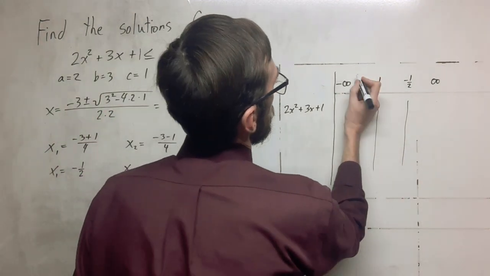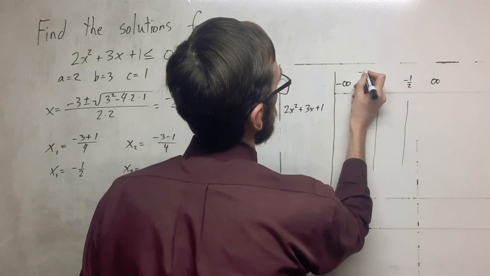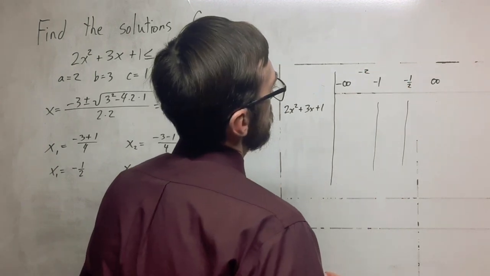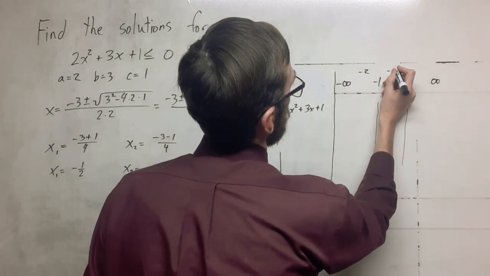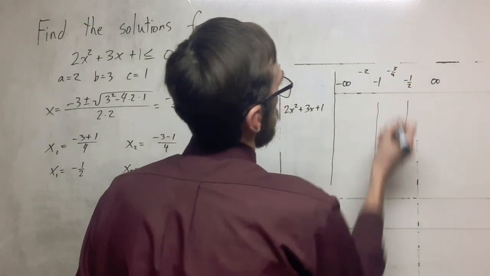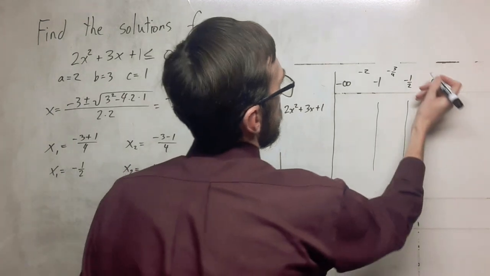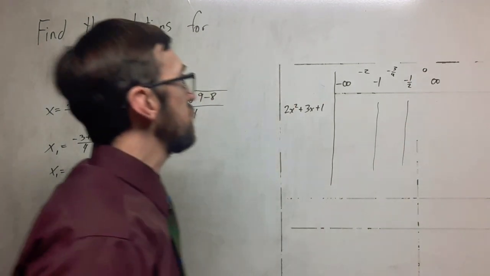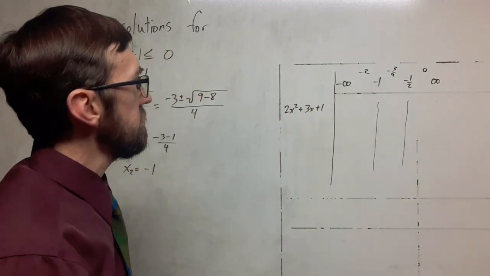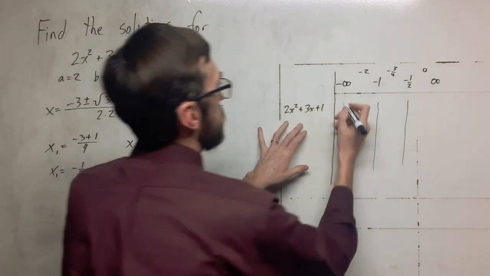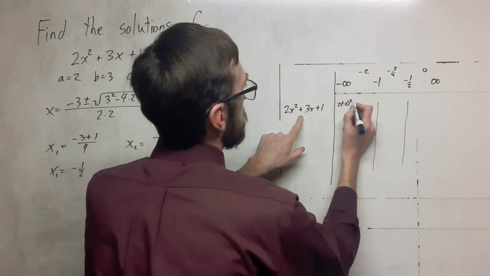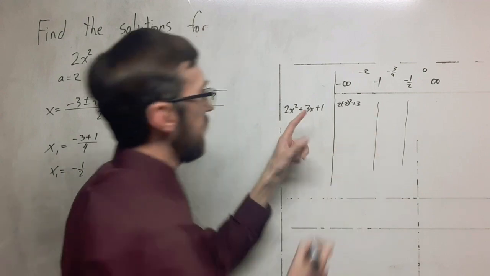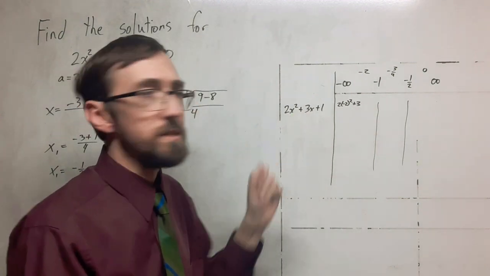So I'm going to do a negative 2 here and a negative 3/4 here and a 0 over here. Plugging in negative 2 into here. We need to make sure to add some parentheses so you don't miss a negative.